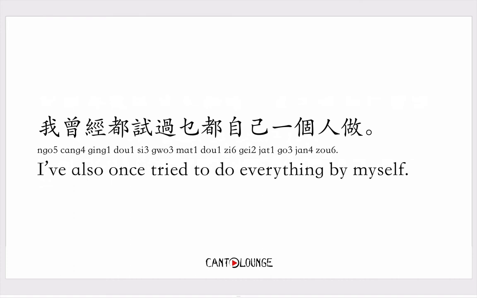Or very simply, you're giving advice to a friend who's really struggling and who's always doing everything by himself. And you might say, I've also once, 我曾經 I've once 都試過 also tried 乜都 everything 自己一個人做, do everything by myself, right? Okay.